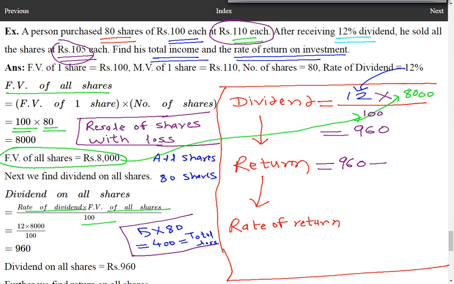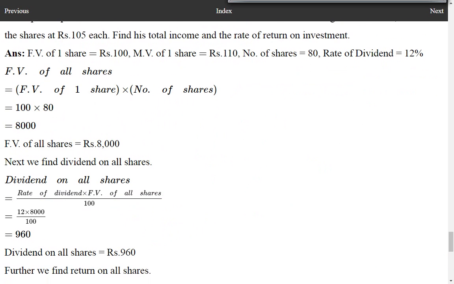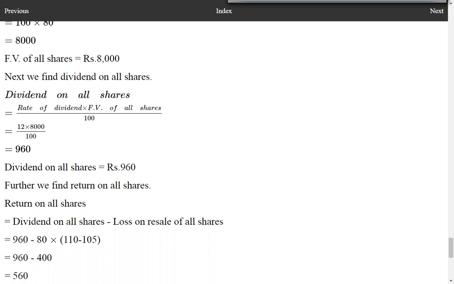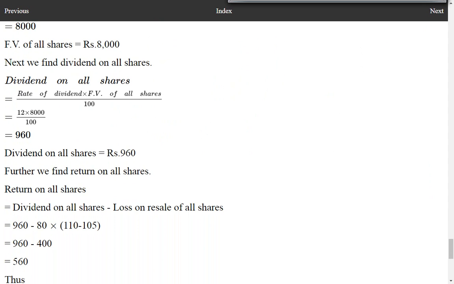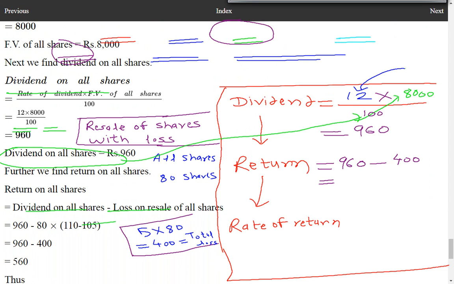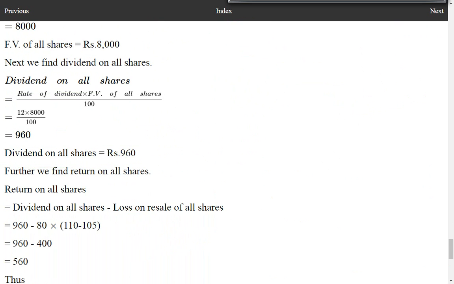So that is equal to 960 minus 400, which, after calculations, equals 560.